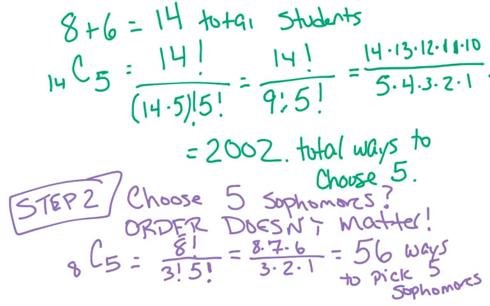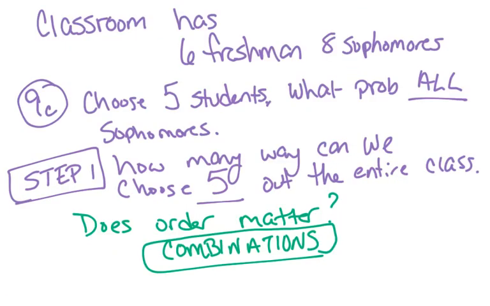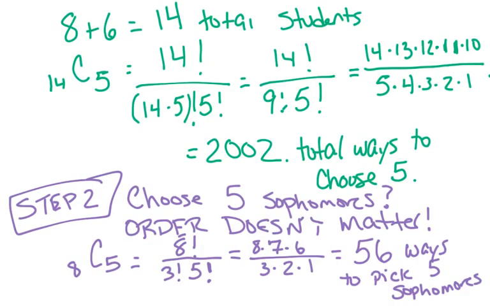And you don't have to make it this drawn out. You could easily just skip to, okay, well, I know I need to figure out how to choose 5 out of the 8, and then I need to find the total here. So you can absolutely do that. I just wanted to take the time to break it down and show you the thought process that goes behind all of it.